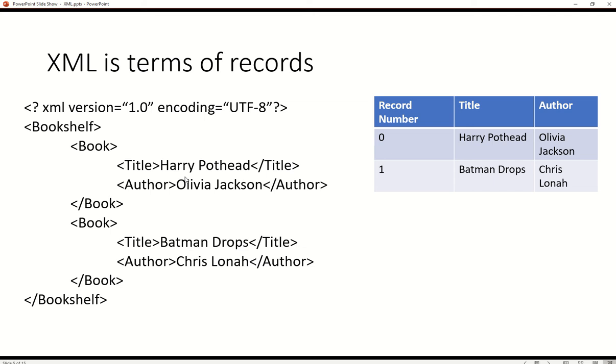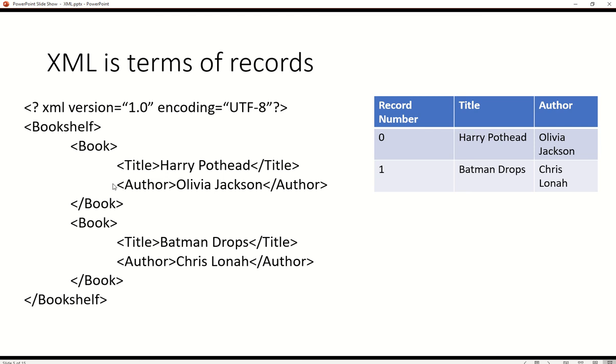So if I was to compare the XML format with a record, you can see here this table has two records and there's two fields, title and author. And we can save this record that's maybe stored in memory or stored wherever it's stored, or even this could be from a CSV file. We can convert that into an XML, and it has this structure.